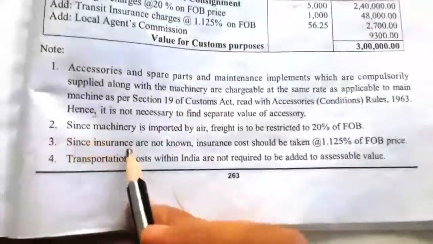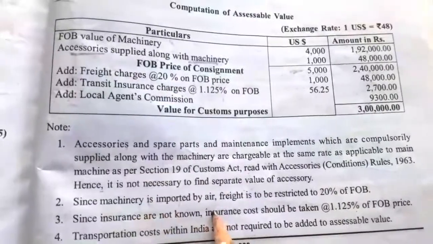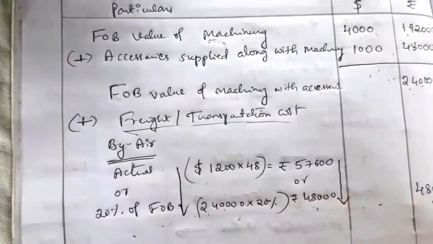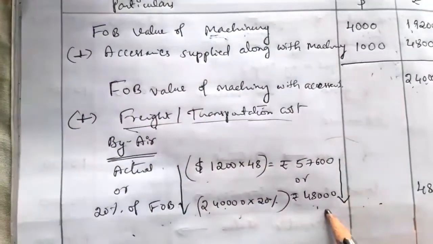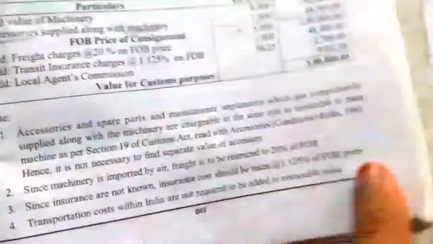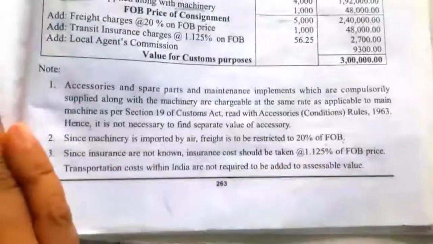Then the machinery is imported by air, means air freight. We compare the actual or 20% of FOB, whichever is least. We can't take more than 20%. It is restricted to 20% of FOB.